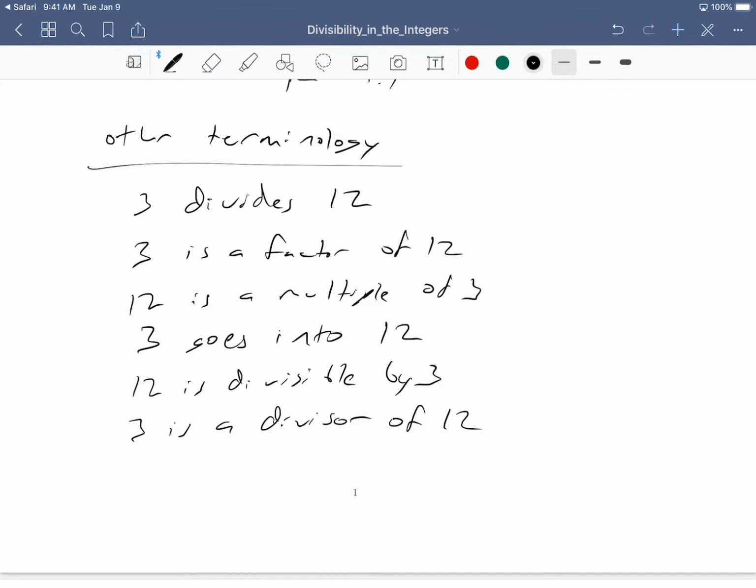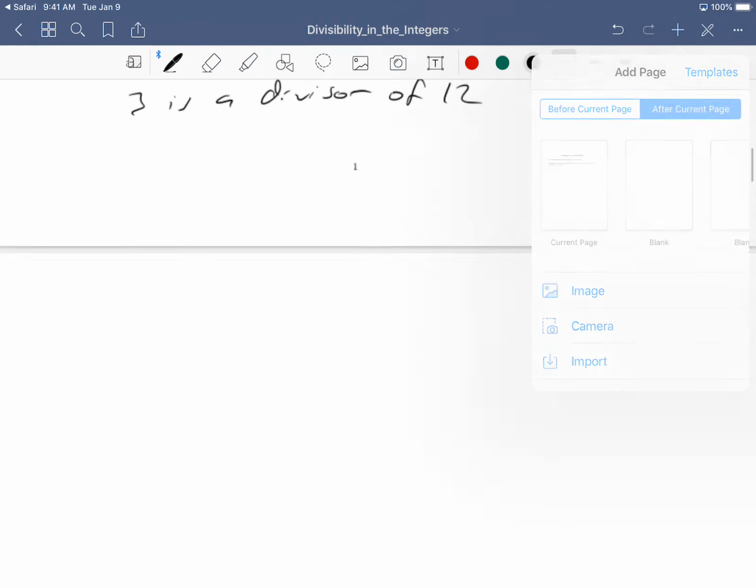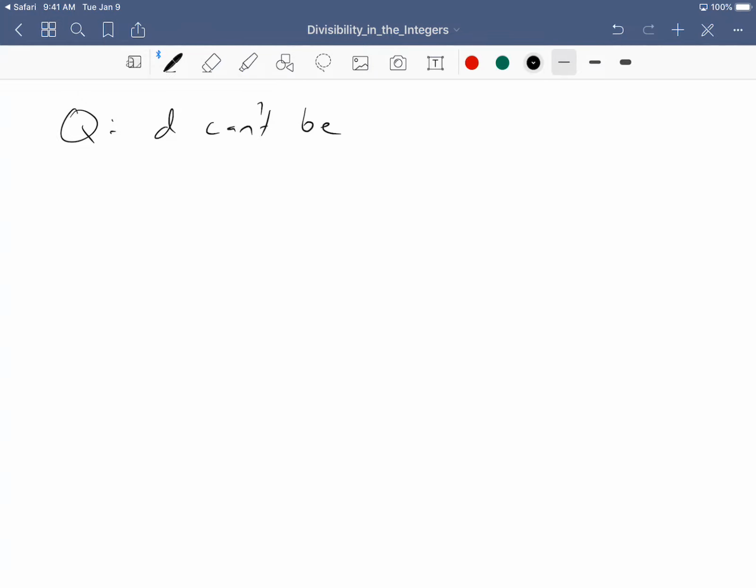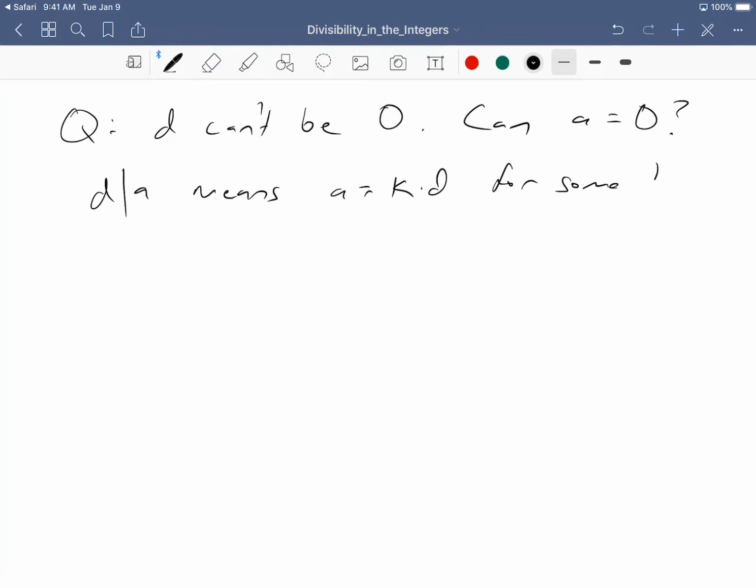All right, so a couple of questions with this definition. Let me add a new page here. The definition specifically said d can't be 0, but can a be 0? So remember our definition was d divides a means a equals k times d for some integer k.